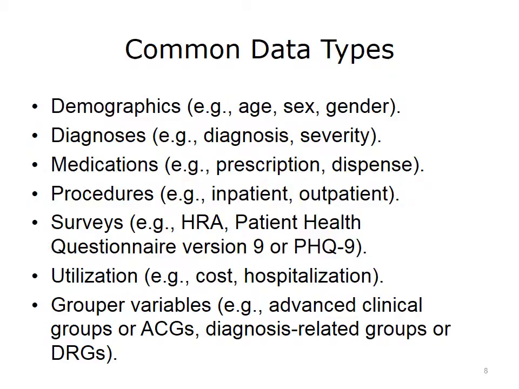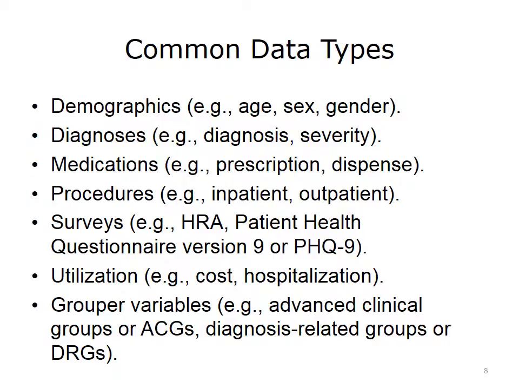Common data types used for population health data systems and analytics include demographics information, such as age, sex, and gender, diagnostic information, such as the actual diagnosis and severity of a diagnosis, medication information, such as prescriptions, dispenses, and filled medications, procedures, such as medical evaluations, anesthetic procedures, surgeries, medical imaging, and other procedures occurred in inpatient and outpatient settings.